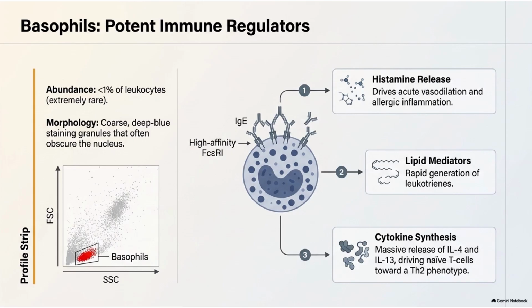So instead of thinking of basophils simply as the histamine cell, think of it as a rare but potent signaling cell capable of rapidly modifying the local inflammatory environment. And here's an important distinction. Basophils and mast cells share several functional characteristics, including high affinity IgE receptors and the ability to release histamine.